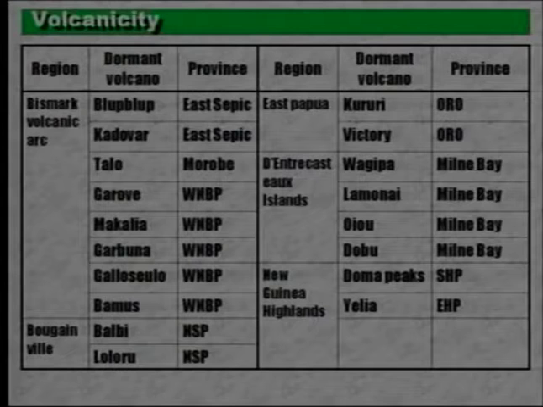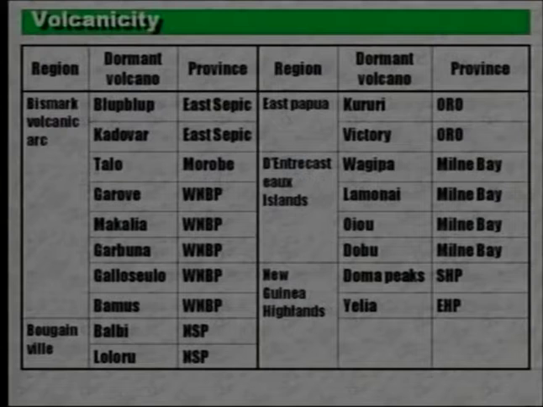Talo, the volcano found on Siasi Island, is in Morobe province. Garove, Makalia, Gabuna, Galoseulo, and Bamus are all found in West New Britain province.